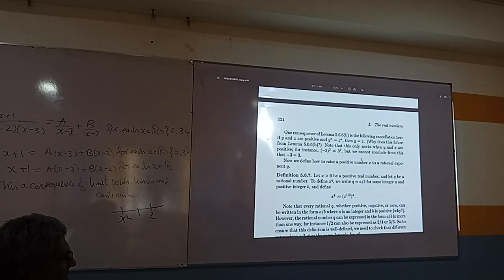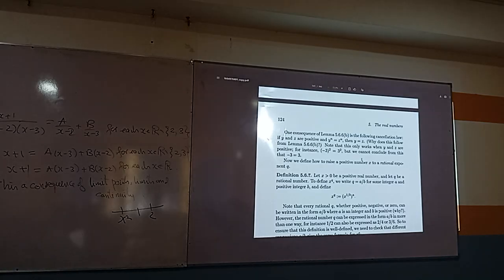One can define it the other way: you take x to the power a, then take the power 1 over b. Note that every rational q, whether positive or negative or zero, can be written in the form a over b, where a is an integer and b is positive. Why? He is asking.